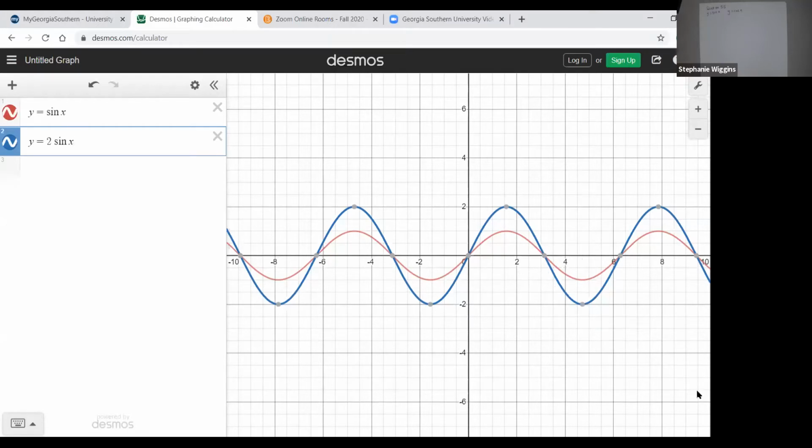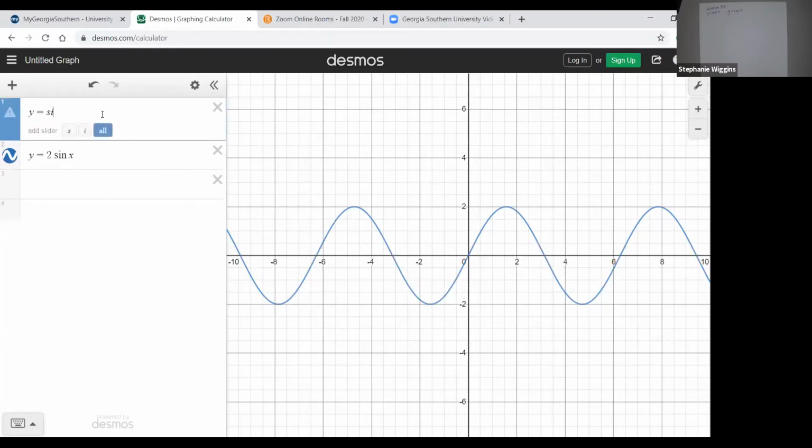The amplitude is a distance, so it's always positive, even if I put a negative sign in front. Now watch what happens when I put a negative sign in front of the 2. I'm going to get rid of my sine graph here so it's not too cluttered. So I have y equals 2 sine x. Now I'm going to do y equals minus 2 sine x.